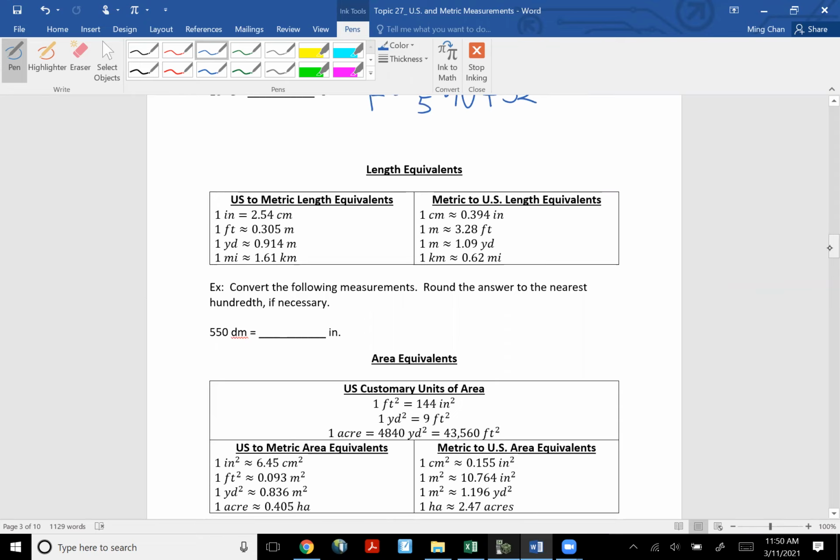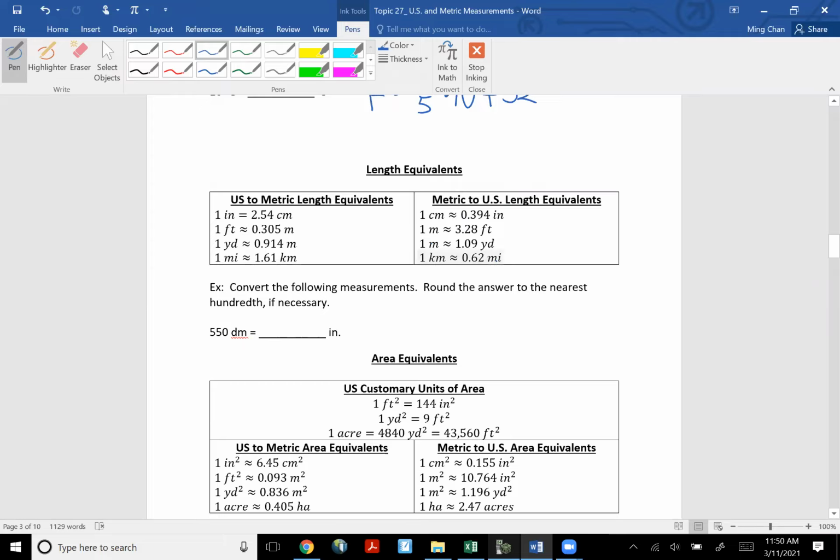So certain things we always use metric, certain things we always use US measurements. So here are your equivalents. The difference between the two sides is that on the left side, you start out with US and convert to metric. The one on the right is where you start out with 1 unit of metric and convert to US.